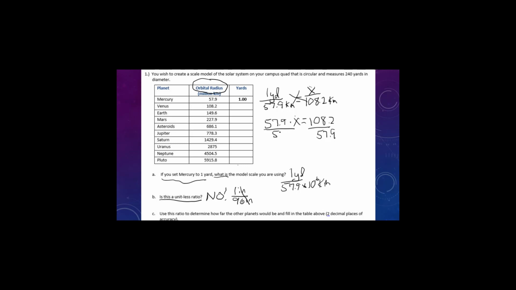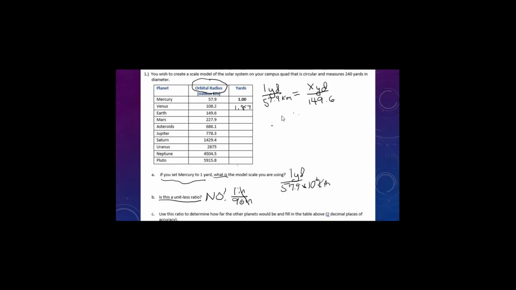Divide by 57.9. And I get the distance that Venus will be in this model is going to be 1.87 yards. Let's put that right here, 1.87. A little sloppy, but get the idea.